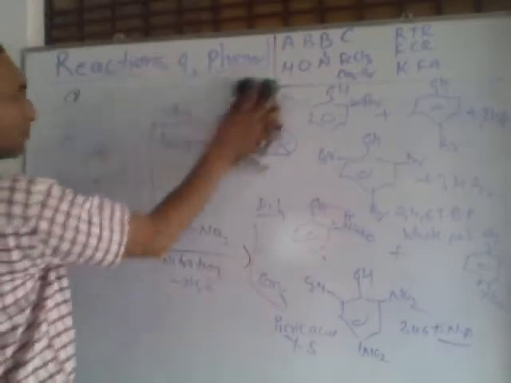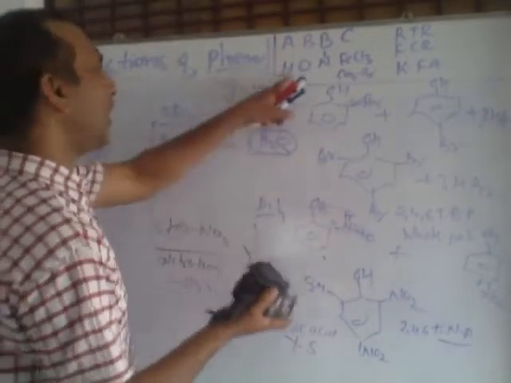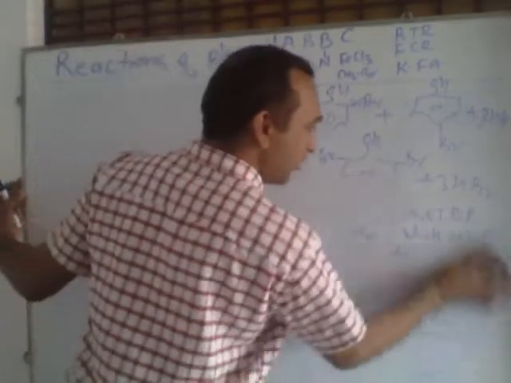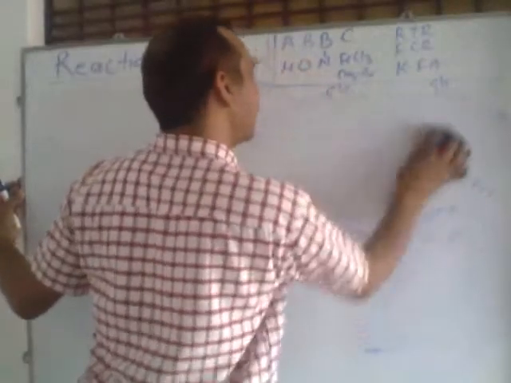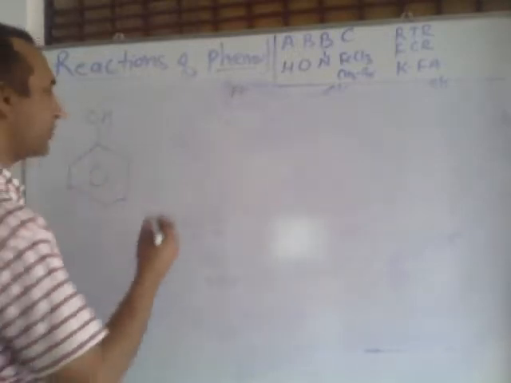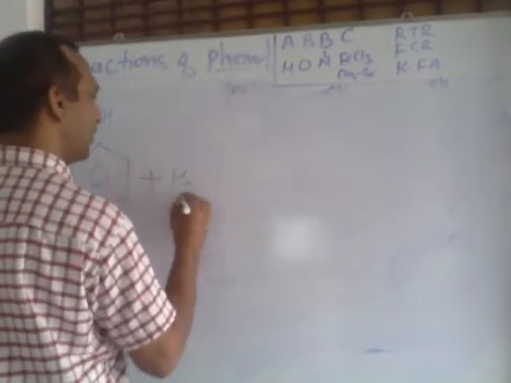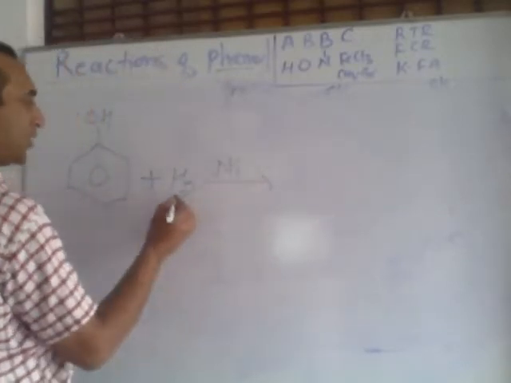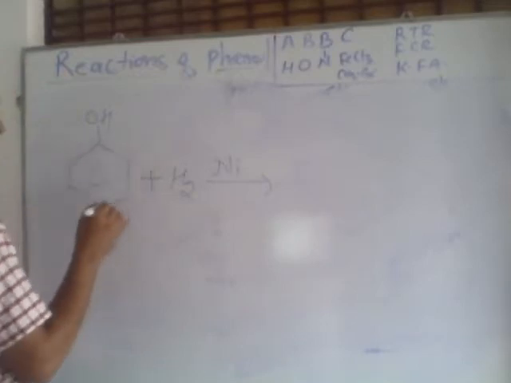Next is hydrogenation. Hydrogenation means reaction with hydrogen. In presence of a metal such as nickel, phenol reacts with hydrogen. Six hydrogens join on carbons 1, 2, 3, 4, 5, 6.